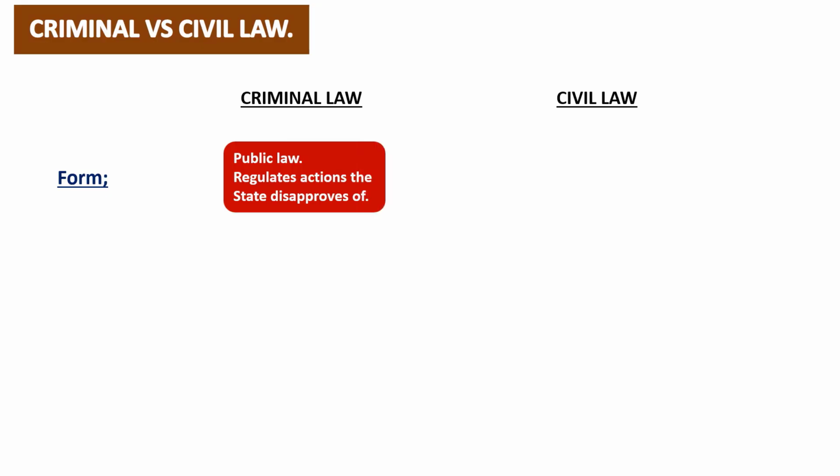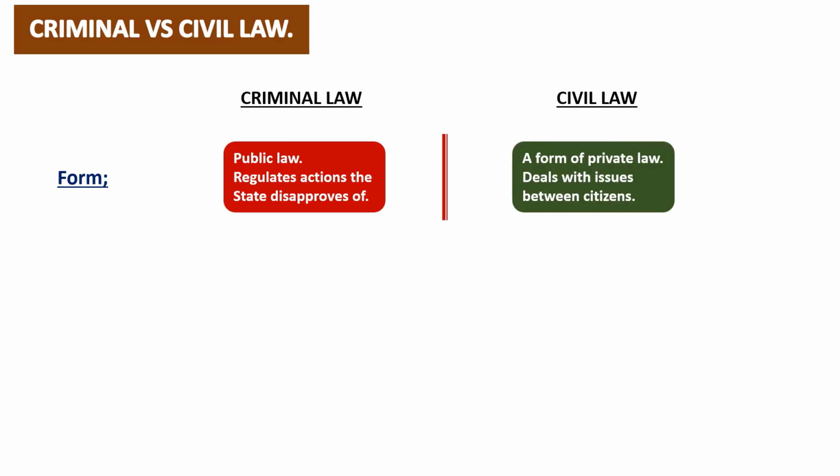So the common is a form of criminal law. The form of a criminal law is a public one, which means that it takes the state to regulate the actions of its inhabitants. So it prescribes certain actions that it expects its citizens to abide by. In terms of the civil law, it deals with relationships between individuals.